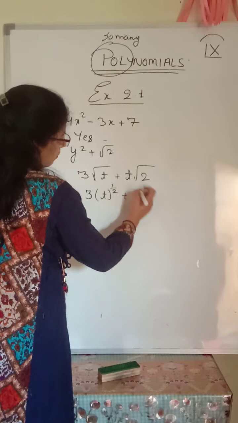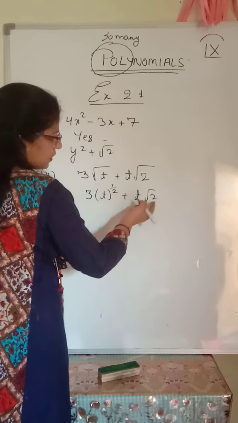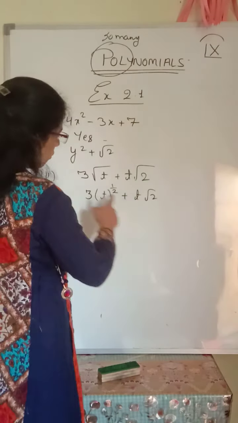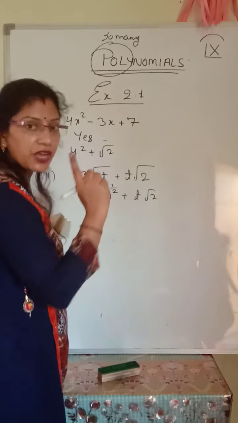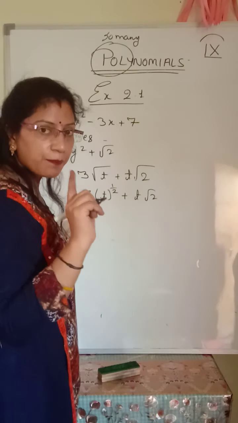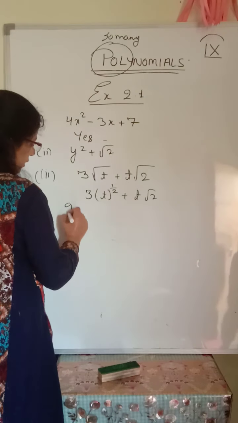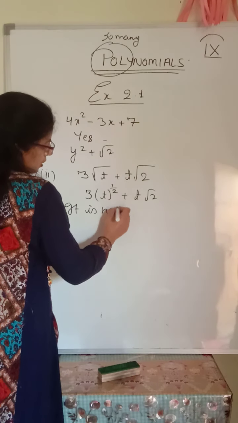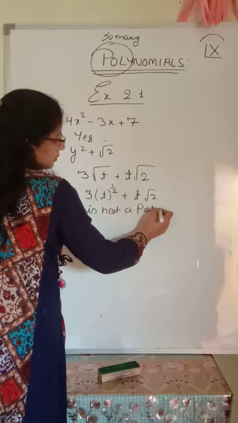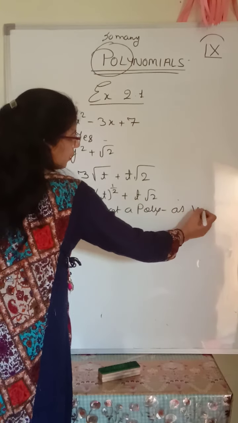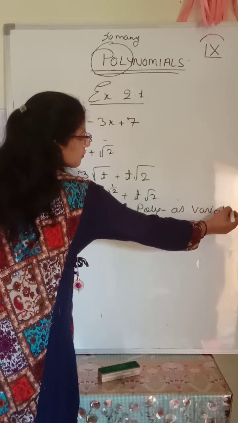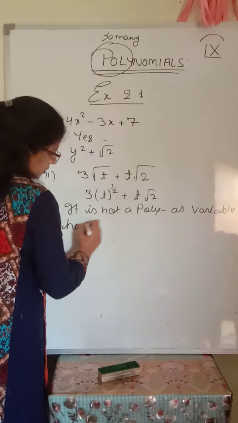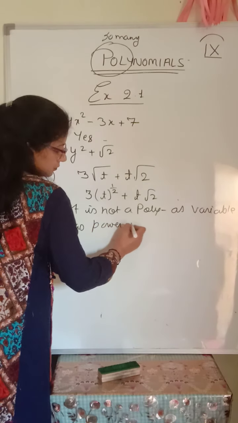Plus t raised to the power 1 and root 2 we will write as it is because root 2 is a number. So now here the variable has power in fraction. So it is not a polynomial. So we will write it is not a polynomial as the variable has power in fraction.